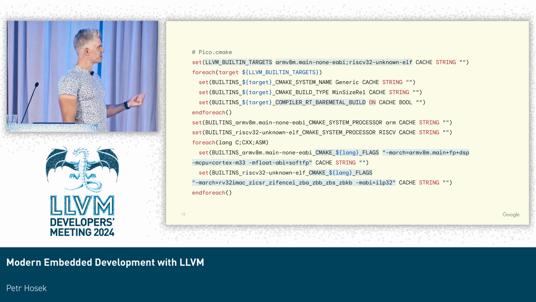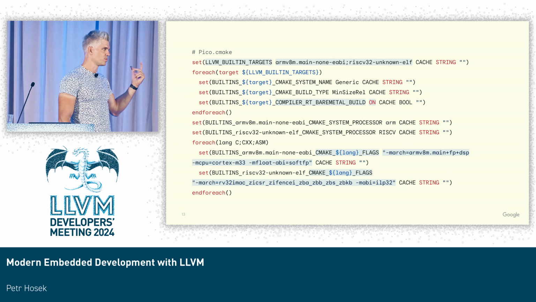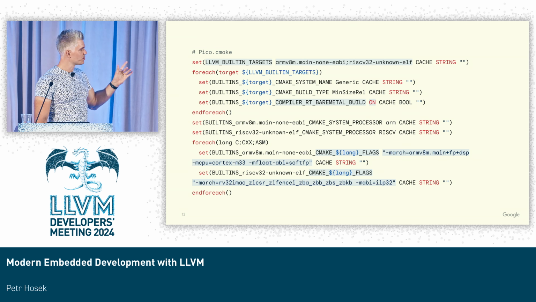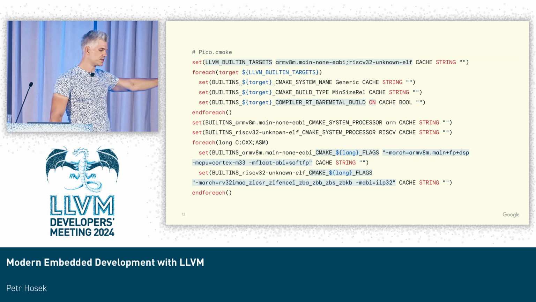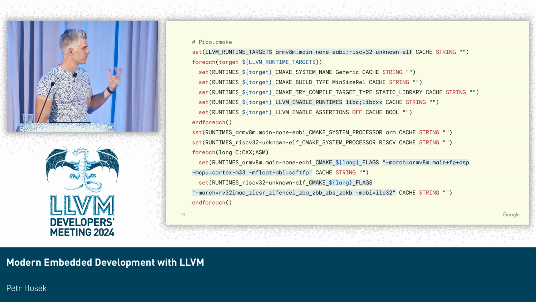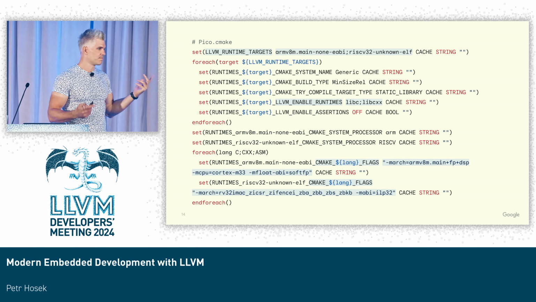Next, we need to set targets for our compiler RT built-ins. This is going to be the two architectures supported by Pico 2. We set a couple of other options. Most importantly are the CMake C flags down at the bottom. And then we're going to do the same thing also for runtime libraries, that is libc and libc++. And that's basically it.